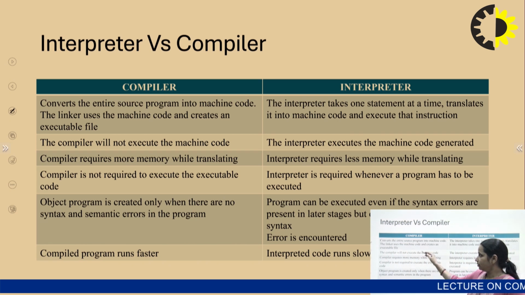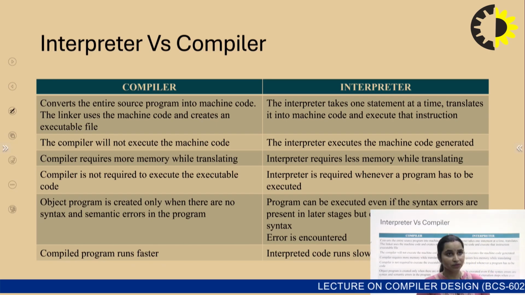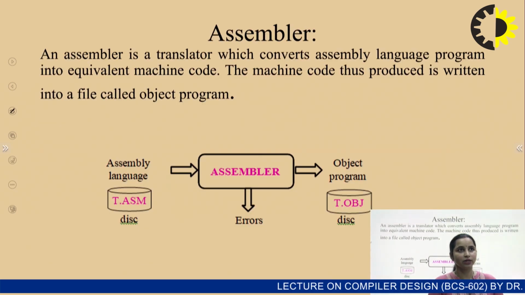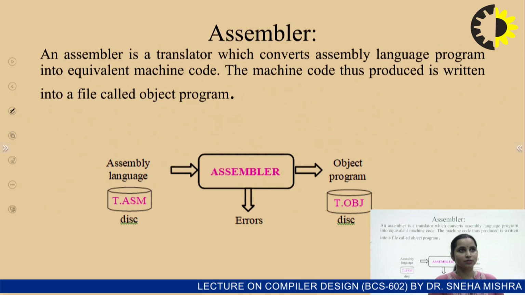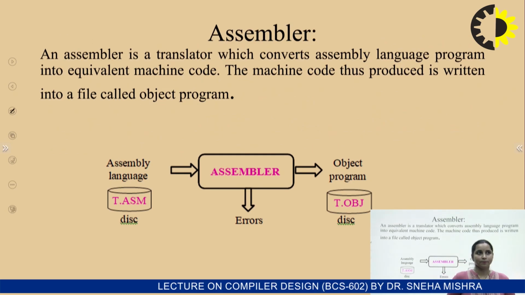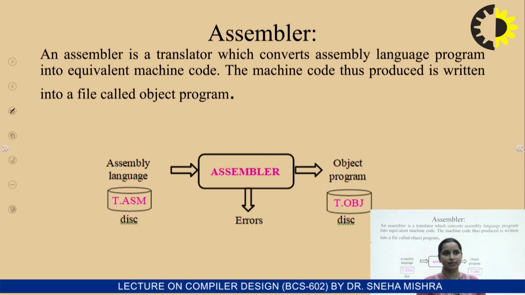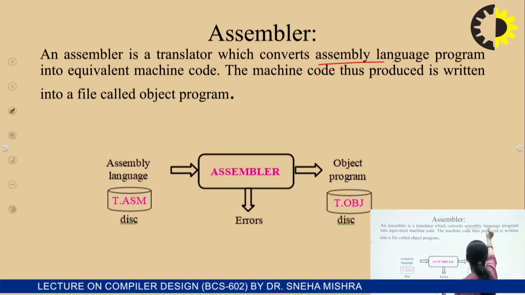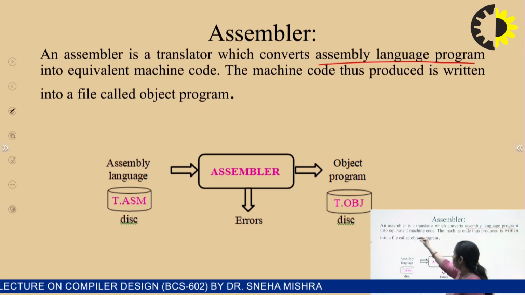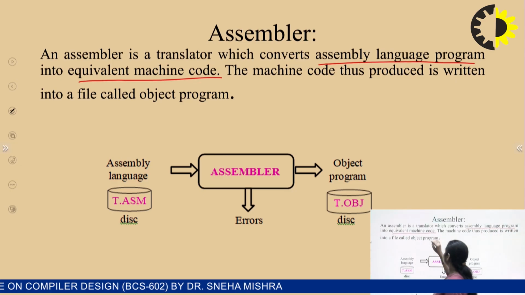The linker uses the machine code and creates an executable. First of all, I'll skip this slide, and first of all I'll tell you what an assembler, linker and loader are, then I'll come back to this slide. So what is an assembler? An assembler is also a translator, but it converts an assembly language program into the equivalent machine code.